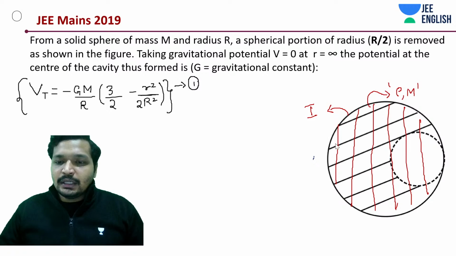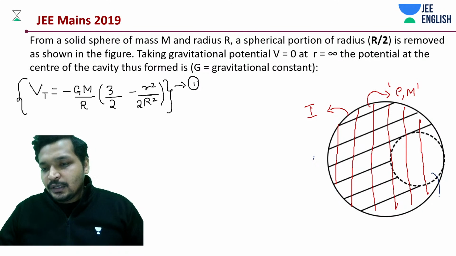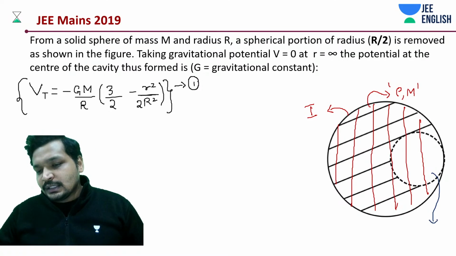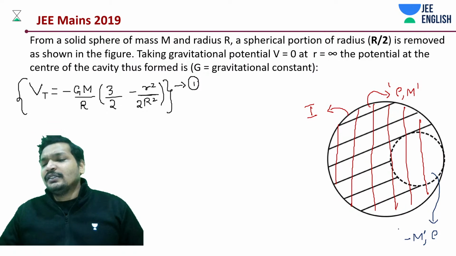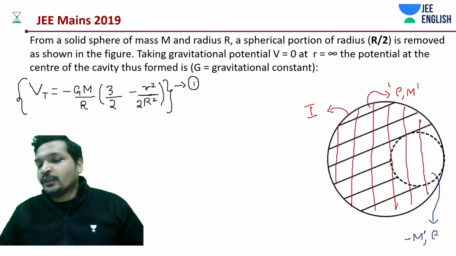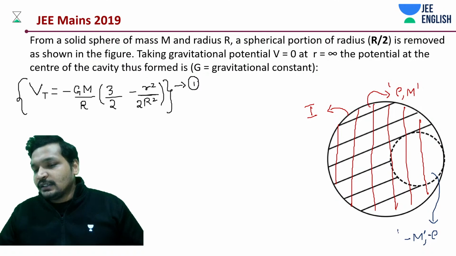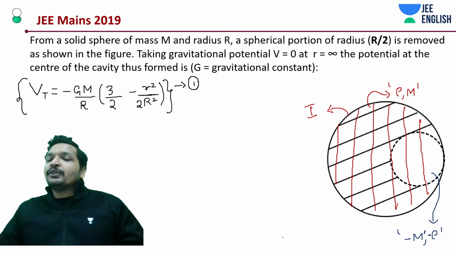Let me write it down clearly. This is very important. If you understand this concept, the rest is easy. This has negative mass, some m dash, and the same density, or you can take it to be negative density, whatever you would like to. Magnitude is the same.